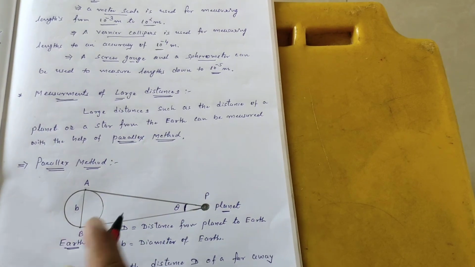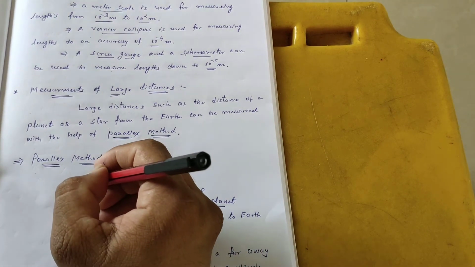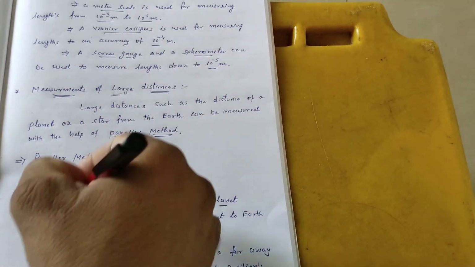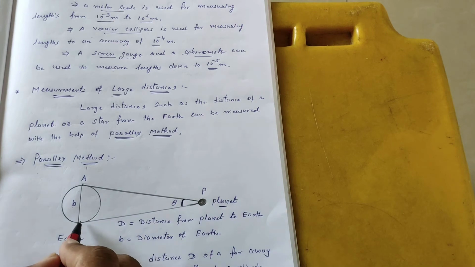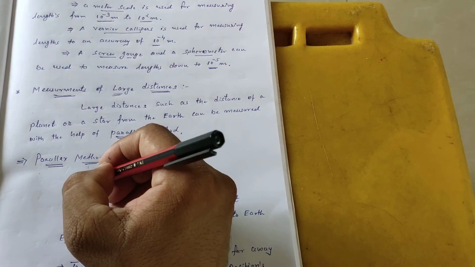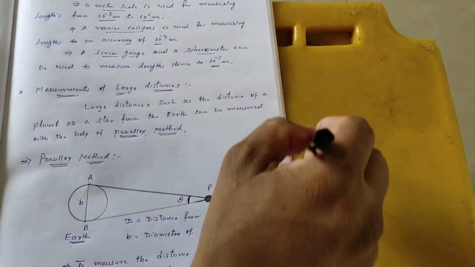Suppose we consider this planet to be the Sun, and around the Sun the Earth is revolving. The object is moving from A to B. Suppose it is moving perfectly in a circle like this.